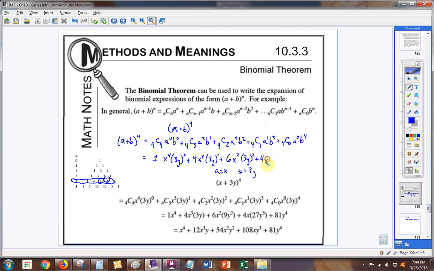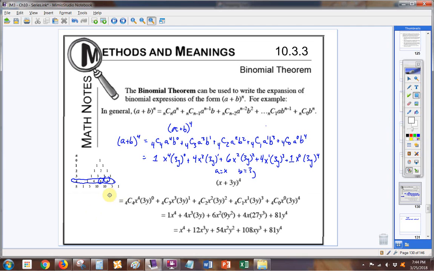And this is going to be x to the first, (3y) cubed. 4C0 is 1. a to the 0 is x to the 0. b to the fourth is (3y) to the fourth.